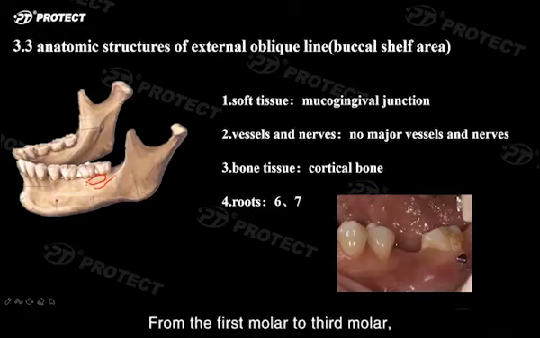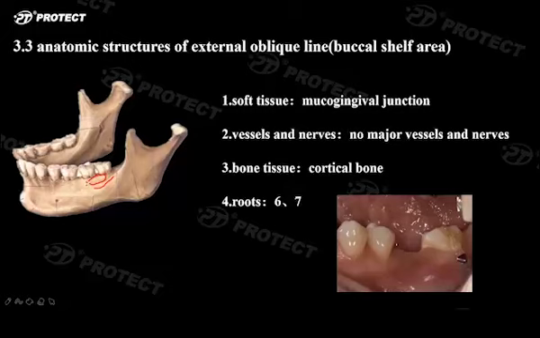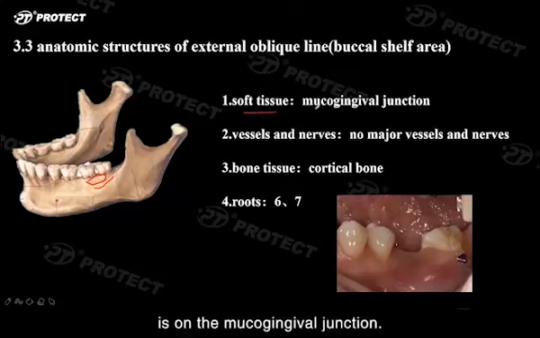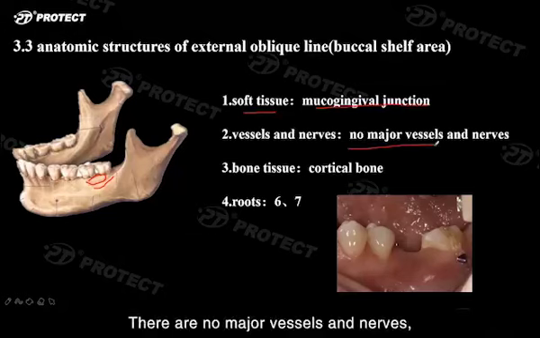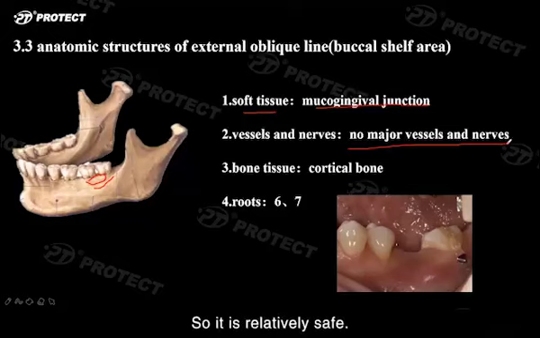From the first molar to the third molar. The inside soft tissue is on the mucogingival junction. There are no major vessels and nerves, and the mandibular canal is not close to it, so it is relatively safe.